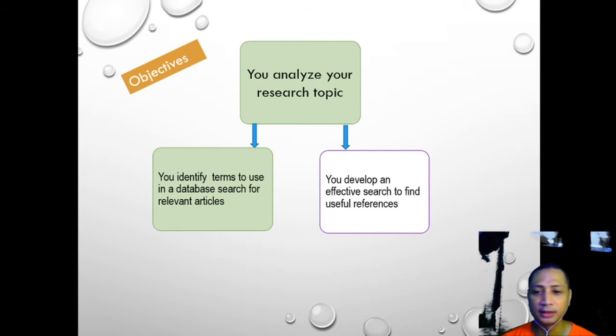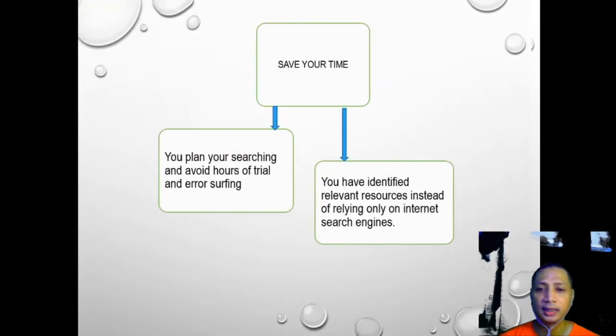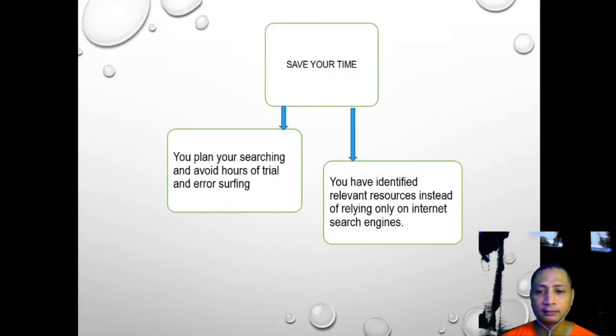Especially for EndNote, how to transfer, how to put your articles from Scopus, from Web of Science as well, and then you transfer to EndNote or Mendeley through the software, and then set your time.